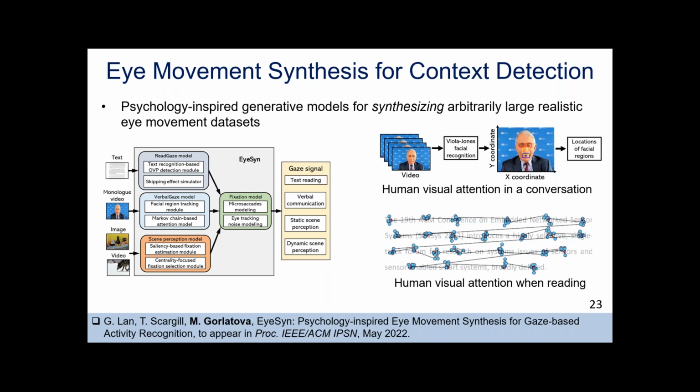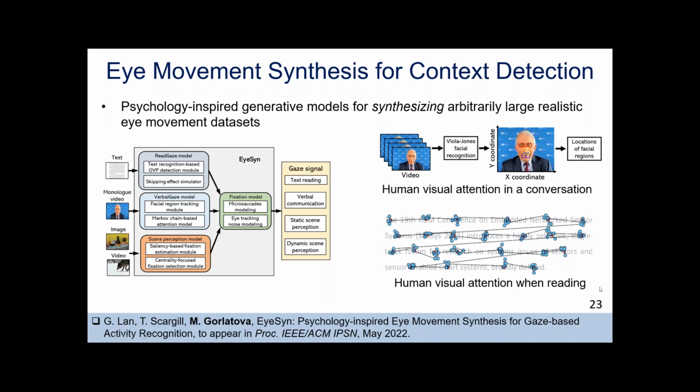I described the case of a conversation. Similar known gaze patterns exist for other tasks, such as scene processing or looking at a video or reading. And an example of those patterns is shown on the screen here.